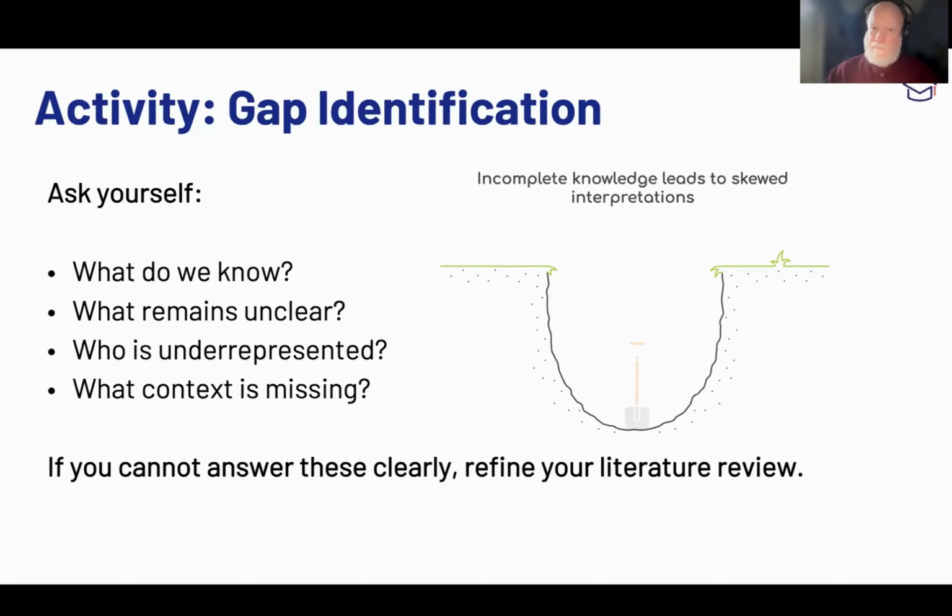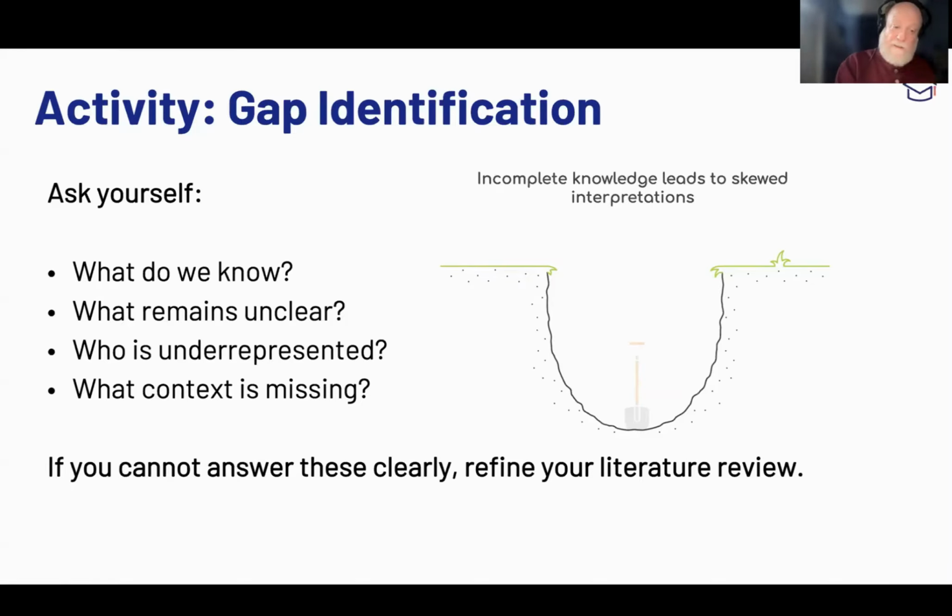That's the gap. I often get questions like, I don't really know how to start my study because there's no literature on it. That's the whole point. But the only way to prove a gap is to show what already exists. The only way to talk about negative is to talk about the positive. The only way to even perceive a gap is to talk about what's already there.